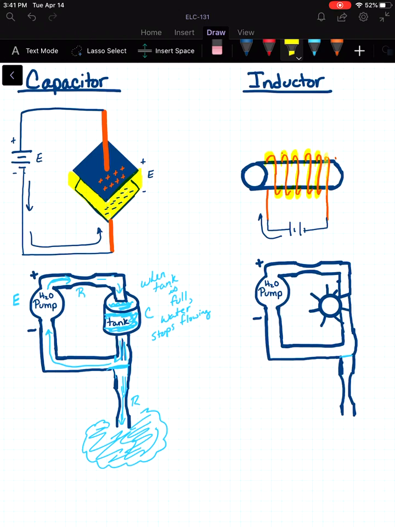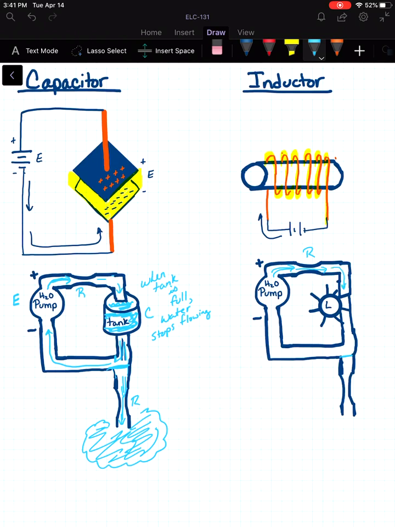So initially, there's no current flowing through our circuit until we get over this momentum, and that looks a little bit like a water wheel. Imagine that this water wheel is our inductor, and of course we have another resistor here that's going to control the flow of the water initially. As our water flows through the resistor, it's going to slow down, it's going to control the flow rate, and then it gets to this water wheel.